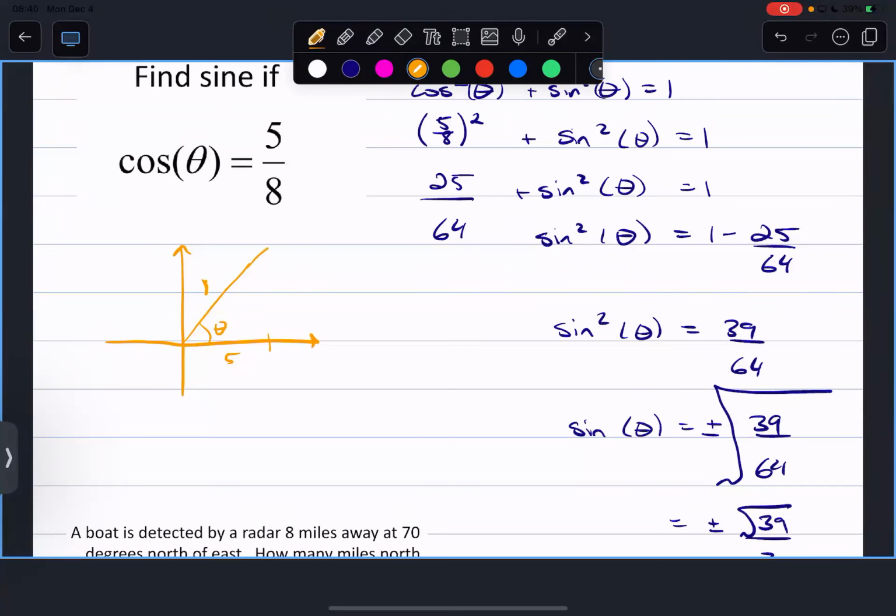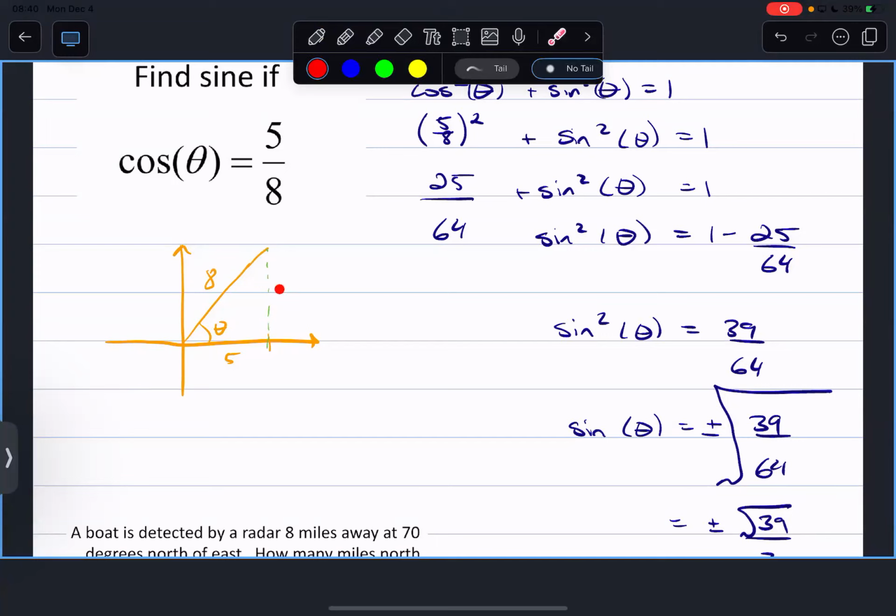So we could have solved it this way by saying, if I know these two sides in a right triangle, I can solve for this side.